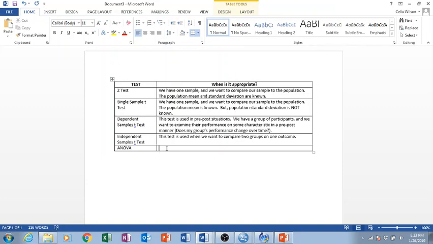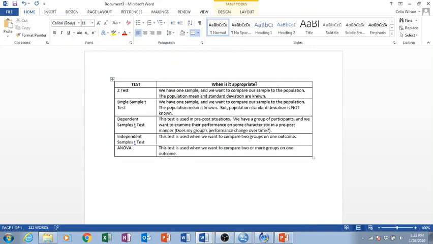ANOVA and the independent samples t-test function just the same. They are identical when you only have two groups. ANOVA, however, can handle more than two groups. So I'm just going to say this test is used when we want to compare two or more groups on one outcome.